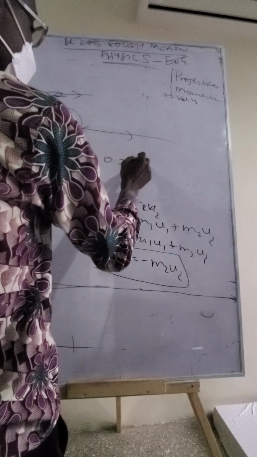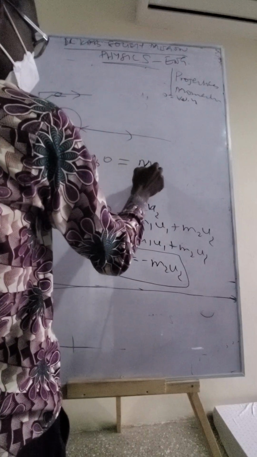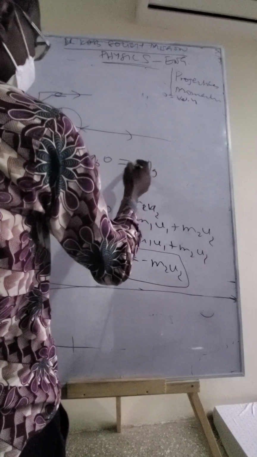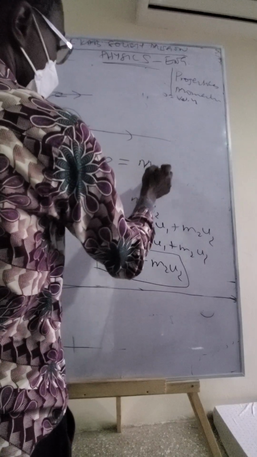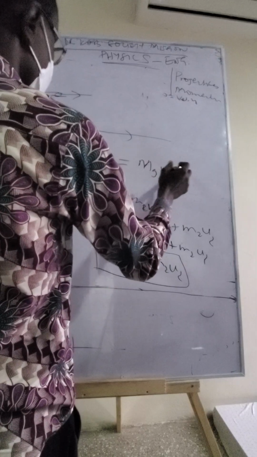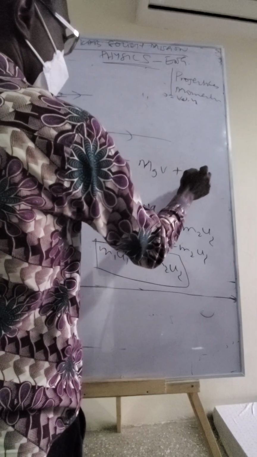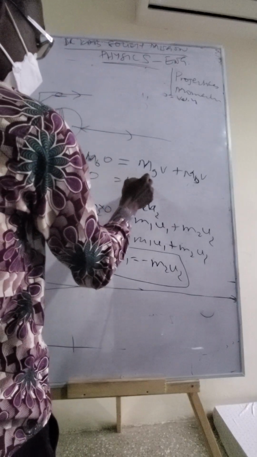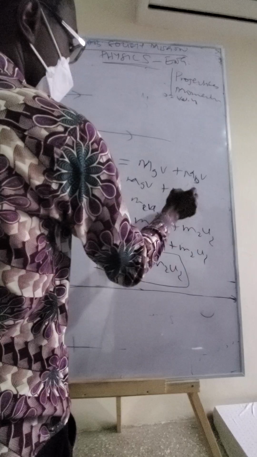When it is shot, m gun moves back, or let's assume we don't know, it moves with a certain velocity. The bullet also moves with a certain velocity. Because this is 0, we get m_g v plus m_b v.